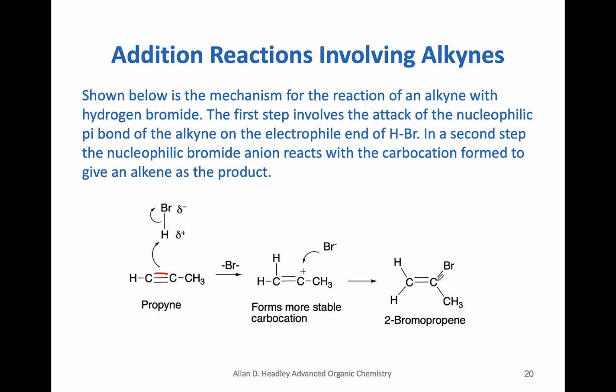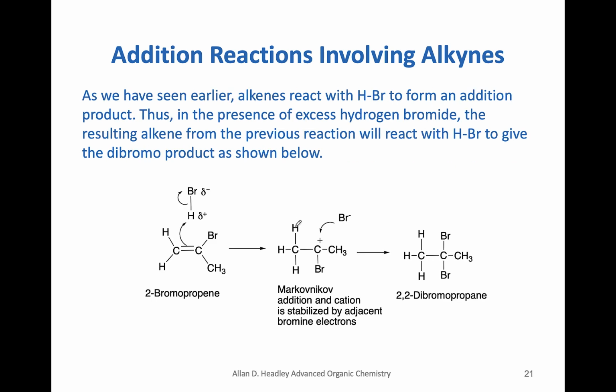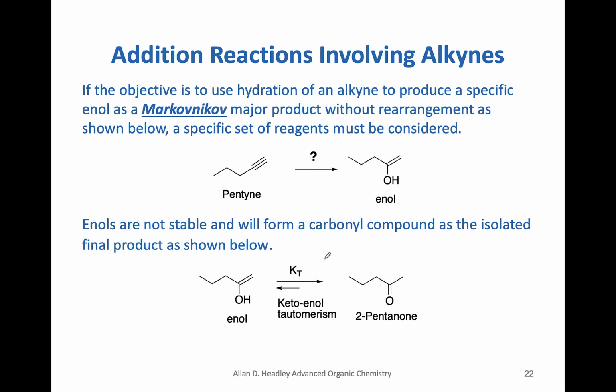And then the bromide comes in here to form this alkene. As you can imagine, that can add further to give this. Again, your more stable carbocation, a more Markovnikov type addition. And the bromine will add here to give this as your final product if 2 moles of HBr are added to our carbon-carbon triple bond or our alkynes.